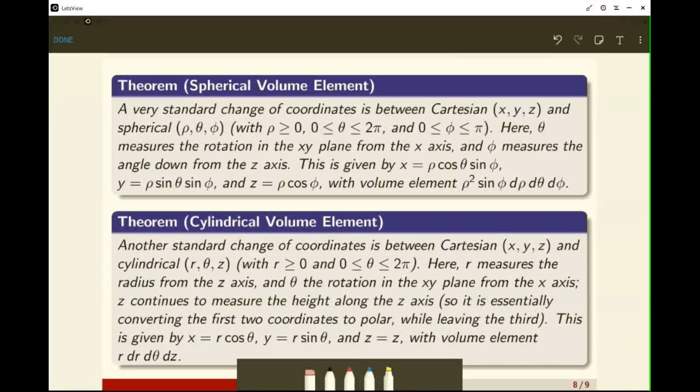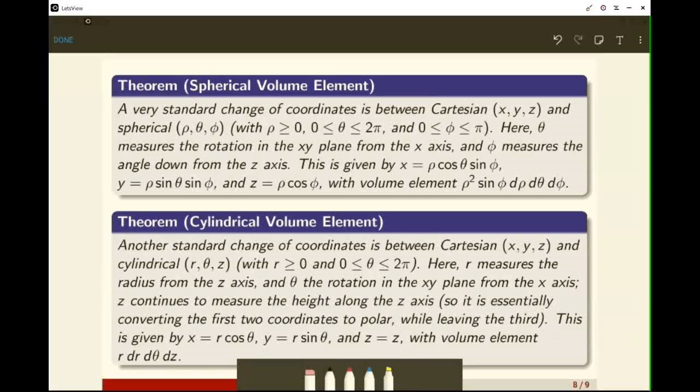If you're using resources from different books or encountering other people talking about this, it's very important to check which convention is used because they're both fairly common. But like I said, the one we're using most commonly is measured down away from the z-axis.